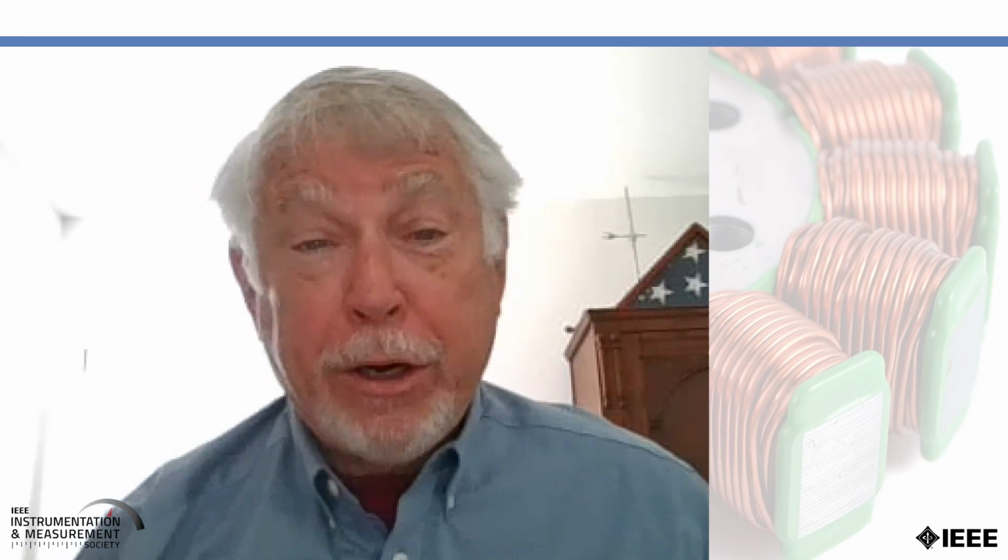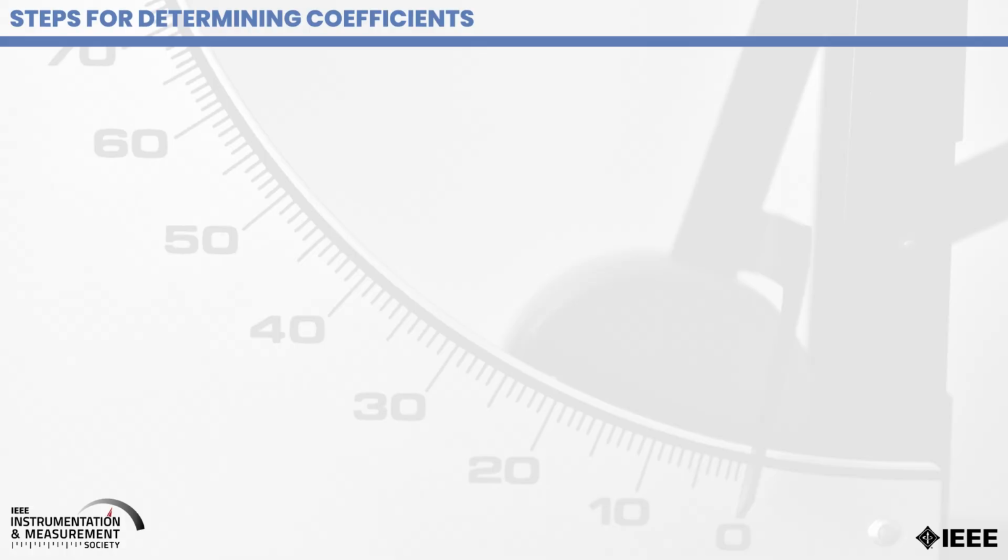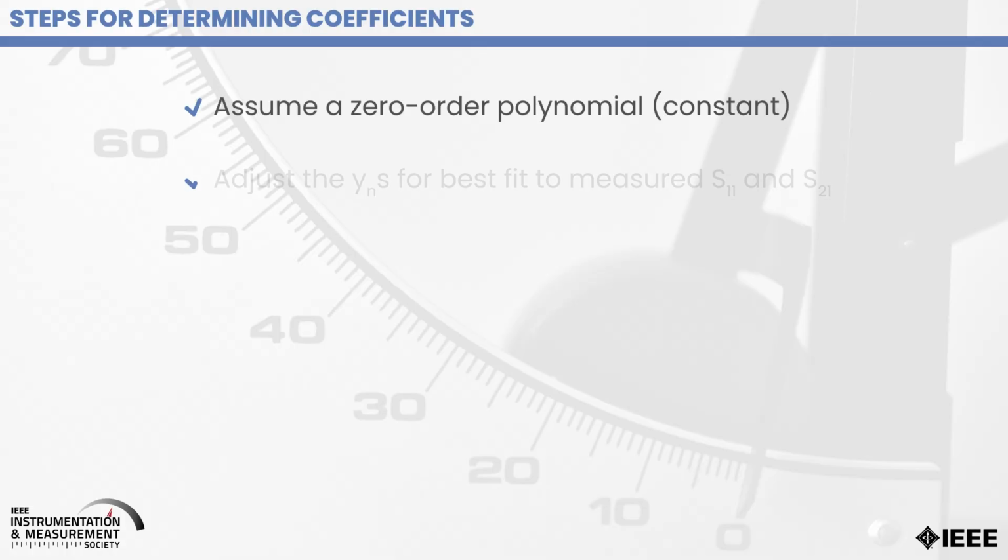Here are the steps that were used in order to determine the polynomial that represents the various material properties. We'll first assume a zero-order polynomial, a constant. We'll adjust the y of n's for the best fit to that polynomial for both S11 and S21.